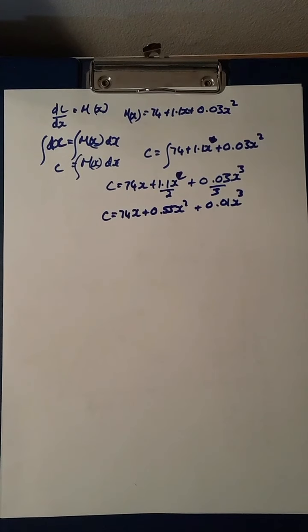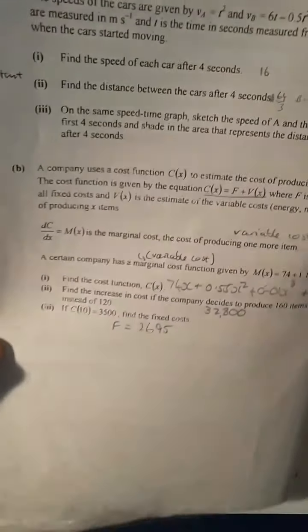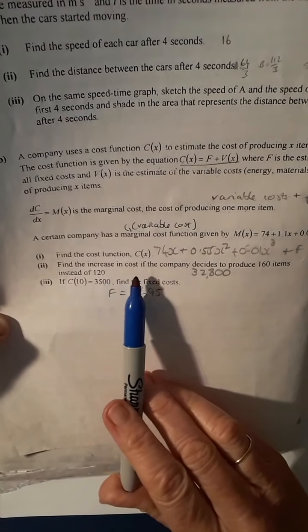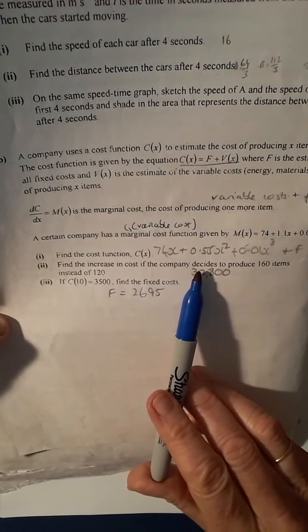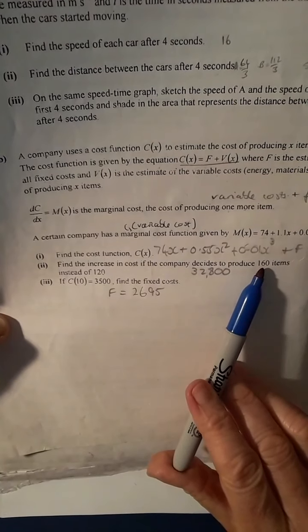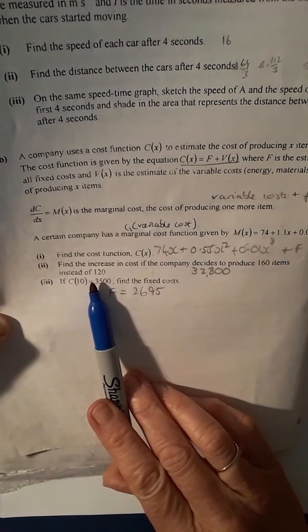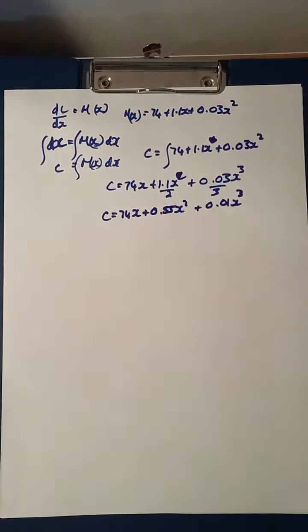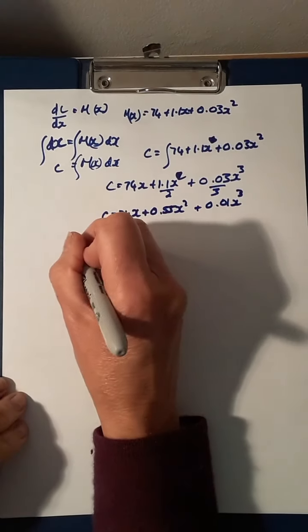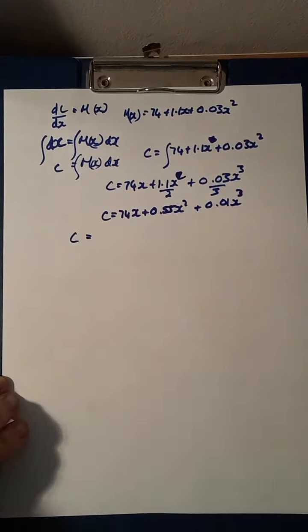That's the cost function. Now the second part of the question says, find the increase in cost if the company decides to produce 160 items instead of 120. Okay, so x would be the number of items that are made.